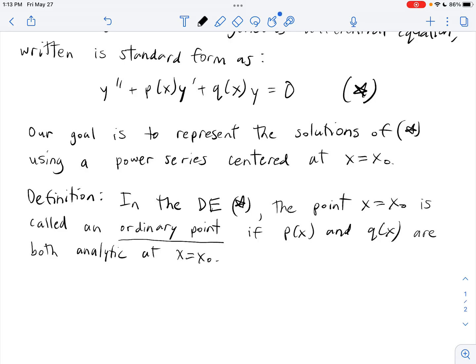Remember, p of x and q of x are the functions that are attached to the differential equation in star. Okay.